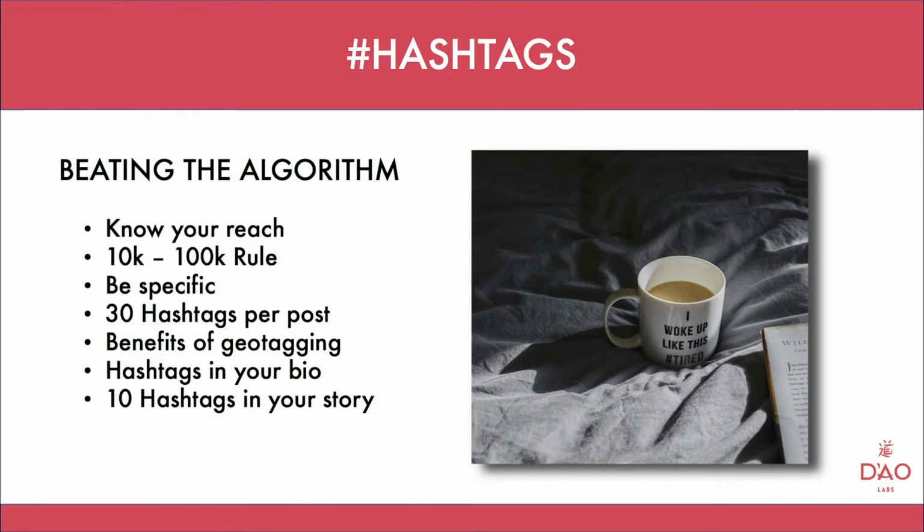If it's been used under 10,000 times, then odds are it's not getting searched for that often, and you'll probably be ranked at the top of that page, but nobody's looking at that page, so what's the point, right? If you use anything that's over 100,000, and even 100,000 is sort of pushing it, your post is just going to get buried because so many people are using that hashtag every day.